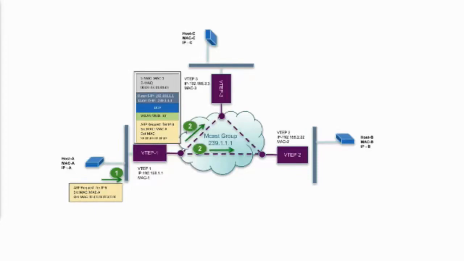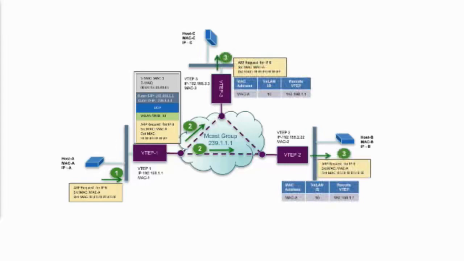When it floods there, both the tunnel endpoints, or VTEPs, receive that packet and update their MAC address table, saying MAC A of host A is received as a VxLAN packet, so VxLAN ID 10, and it also gives you the IP of the remote VTEP. So 192.168.1.1, whichever the IP is of the source or ingressing VTEP.